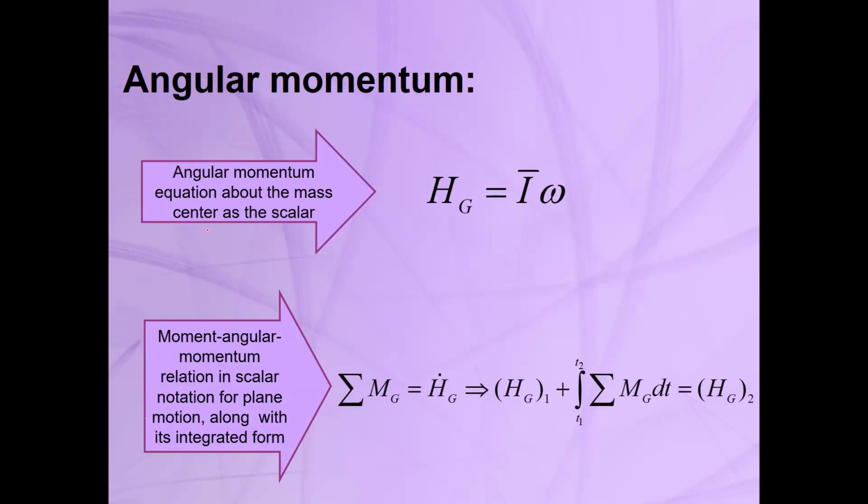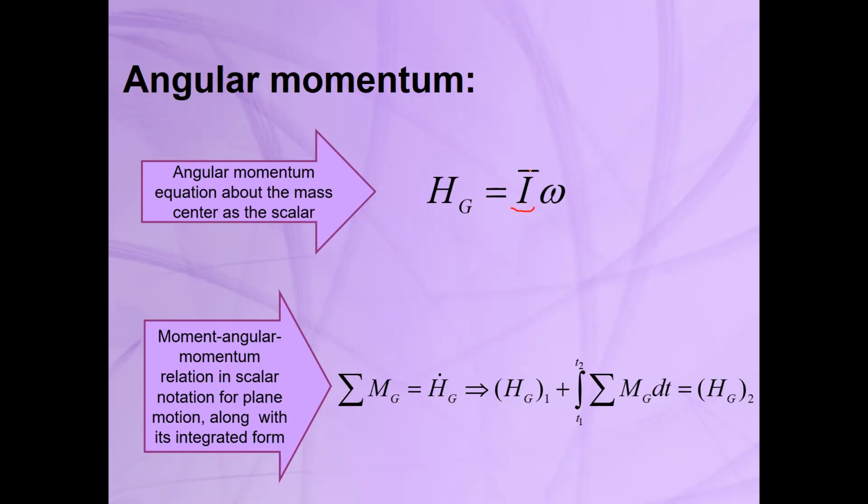Again, the equation is similar to the particles, but this time the angular momentum is equal to I bar times omega. In the particles, when you calculated the angular momentum, for example, for a particle with mass m with radius r, it was r m omega.